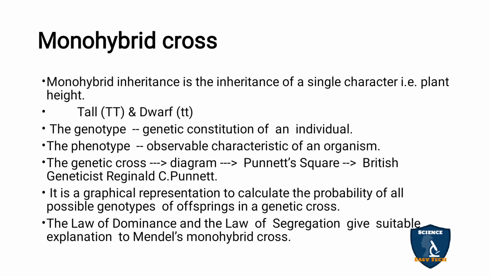The genetical cross can be easily explained with the help of a diagram called the Punnett square board. This Punnett square board is named after the British geneticist Reginald C. Punnett, and it gives the graphical representation of the probability of possible genotypes. That is, how many genotypes will come for a single trait or two traits, how many characters are taken from the parent plant.